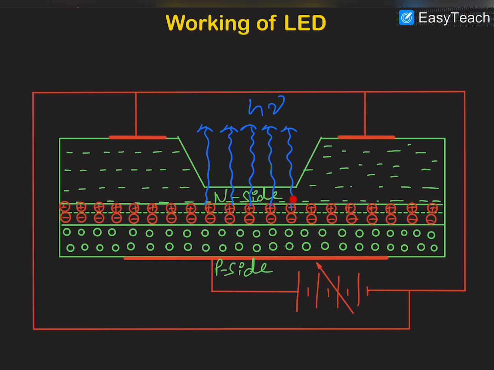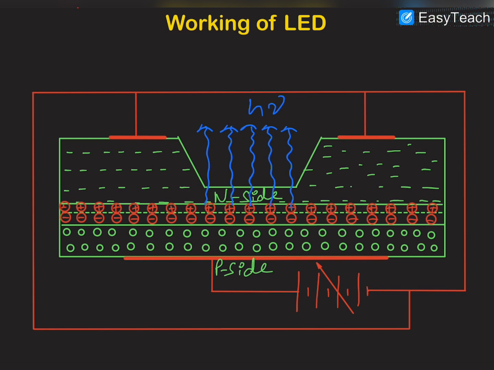Now this well type of structure is created because, if we had not created this structure and this was a normal diode, then when these photons are emitted from the junction, they would have to travel a large distance inside the material of the LED. Due to this large distance, the probability of reabsorption of these photons is very high.